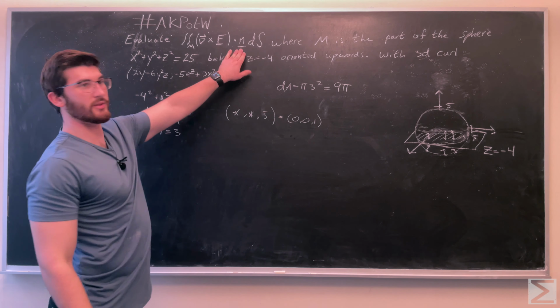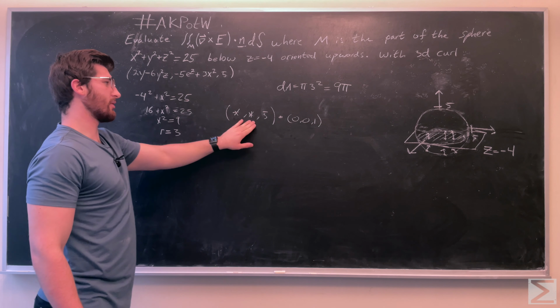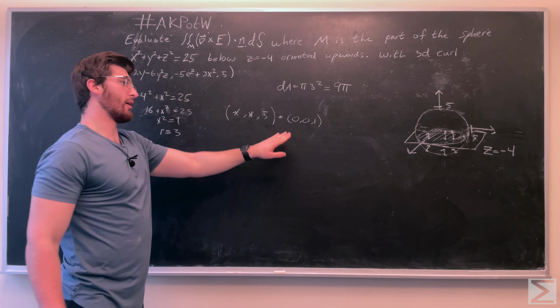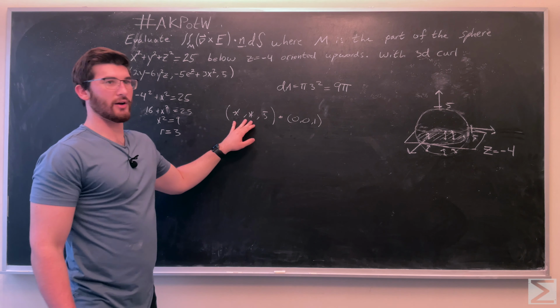Here the three-dimensional curl, some number 5, but since these numbers are functions going to be dotted with 0, we can just ignore what they actually are.